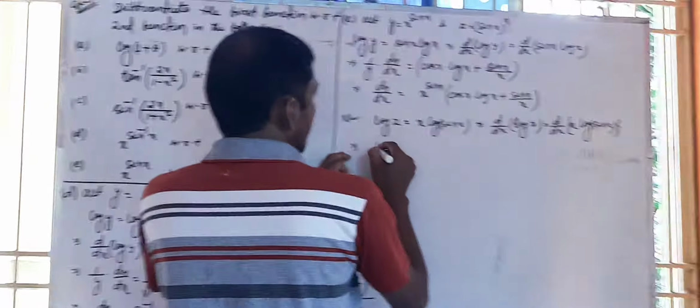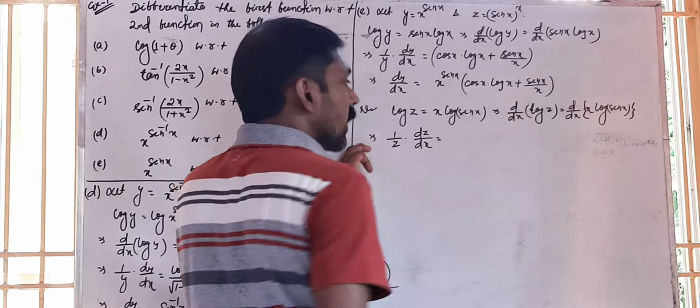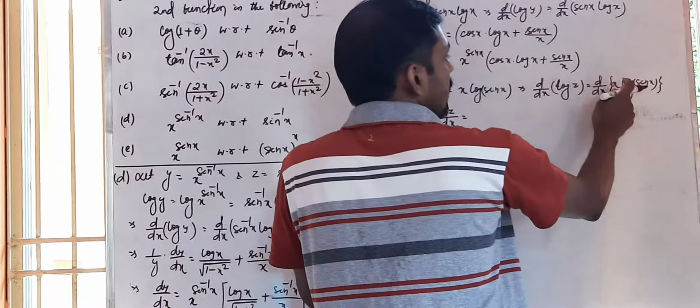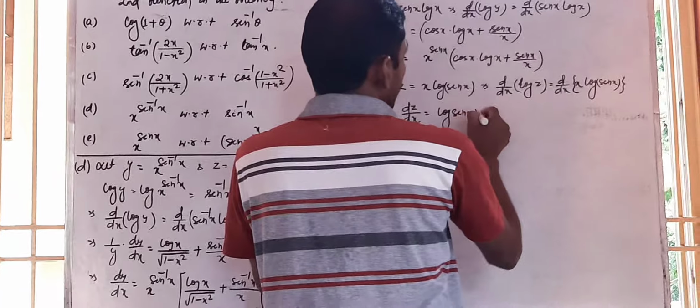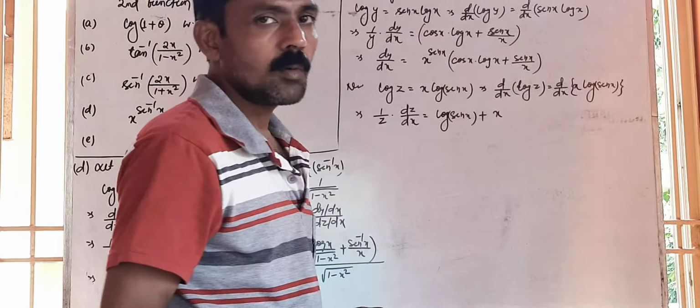So left hand side will become 1 by z into dz by dx, equal to, again your product rule, so first derivative of x is 1 into log sin x, that is log sin x, plus x into derivative of log sin x.